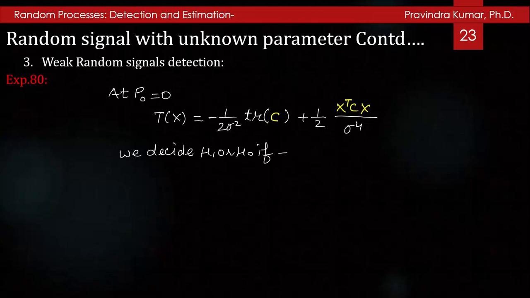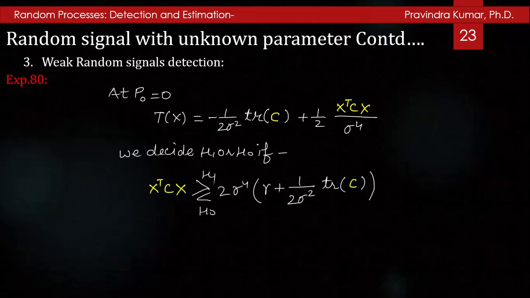So we decide H1 or H0 if x transpose C x is greater than or less than 2 sigma square gamma plus 1 by 2 sigma square trace of the matrix C. If I consider this as the new threshold value gamma dash, then x transpose C x is compared with gamma dash. If this value is greater than the threshold value, we decide in favor of H1, and if less than the threshold value, we decide in favor of H0.